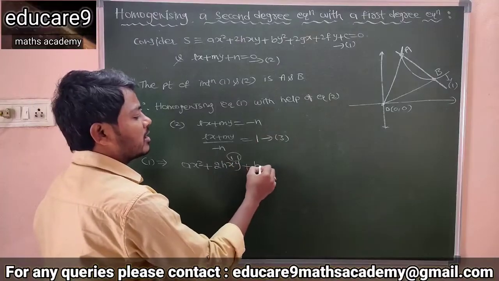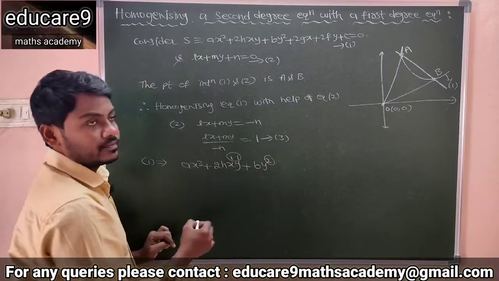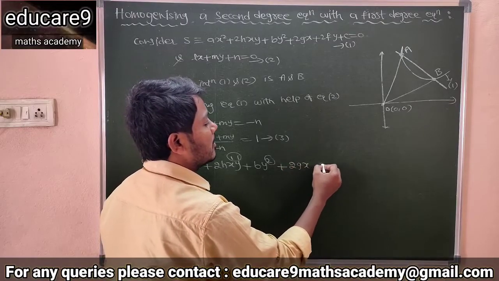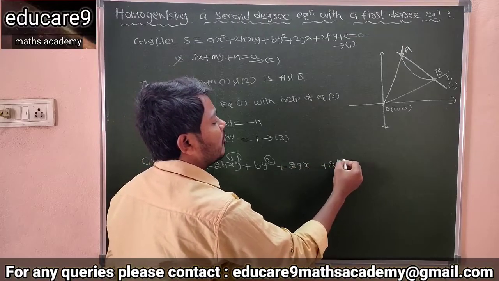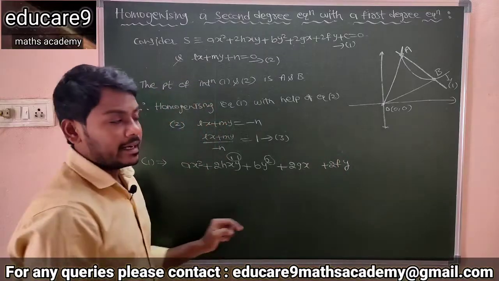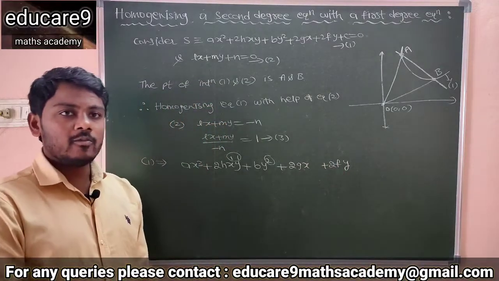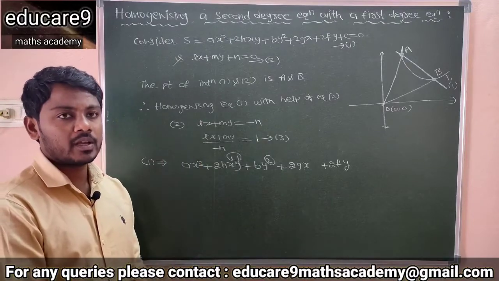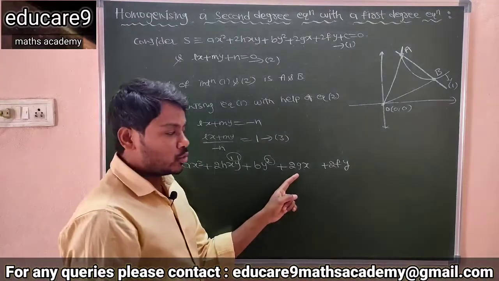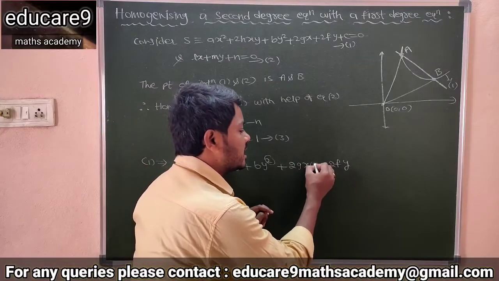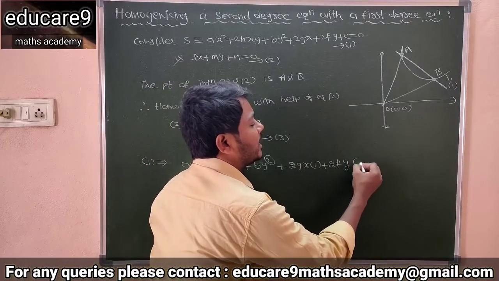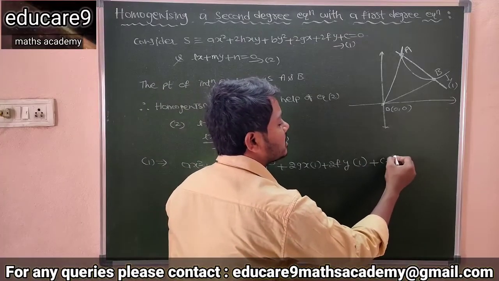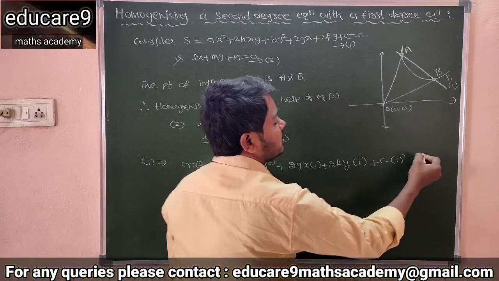Next by square, also degree 2, but here 2gx plus 2fy, the degree is 1. But you need to homogenize this equation with the help of equation 2. So 2gx can be written as 2gx into 1, 2fy can be written as 2fy into 1, and for the constant we write c into 1 square equals 0.